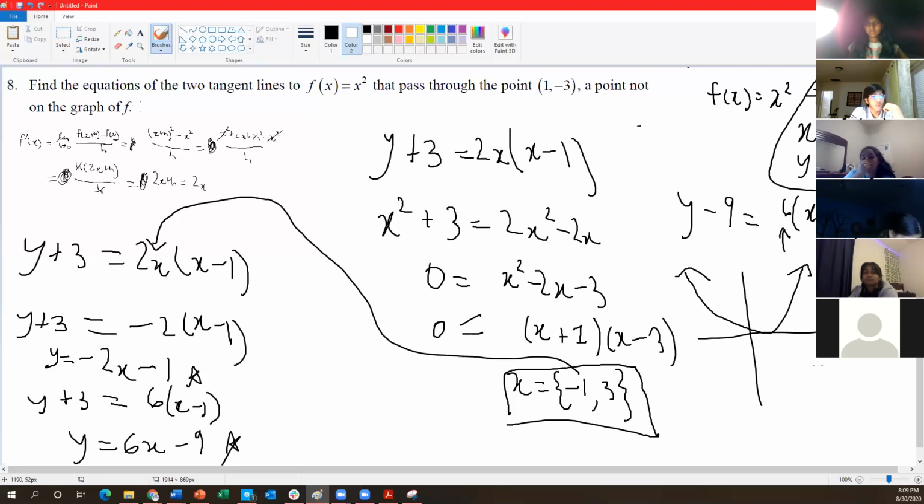We need to figure out the point corresponding to that on the function, which is why we took our point slope formula, substituted the y for x squared, and solved for the points such that the tangent line would cross through this point.